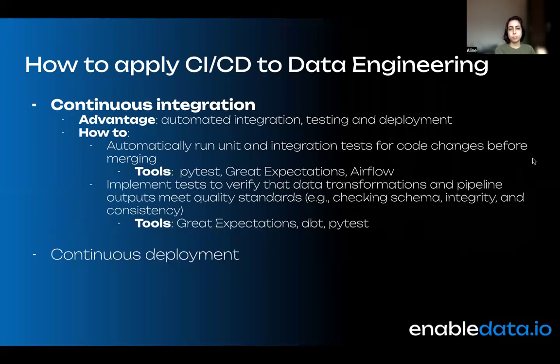You can implement tests to verify that data transformations and pipelines output meet quality standards, like for example, checking schemas, integrity, and consistency. As I said, after transforming your data using a function, you want to assure that your data has a specific quality, the standards that you work with.